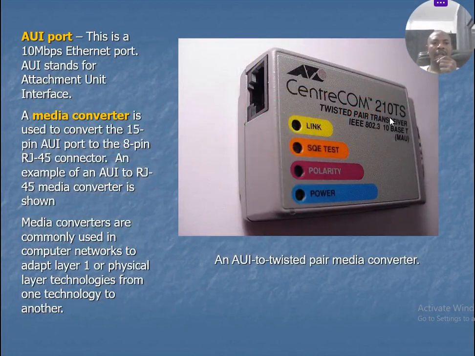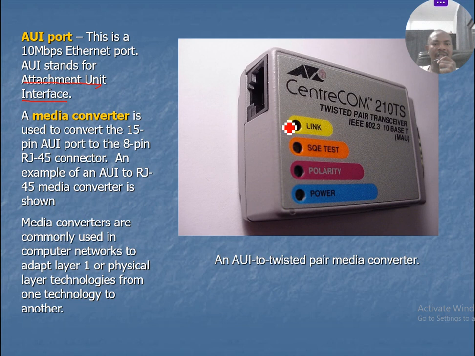Now let's move on. Here is what we call the AUI ports. The AUI port, first of all, is a 10 megabit per second speed. The meaning of AUI is attachment unit interface in networking. This device is a converter.